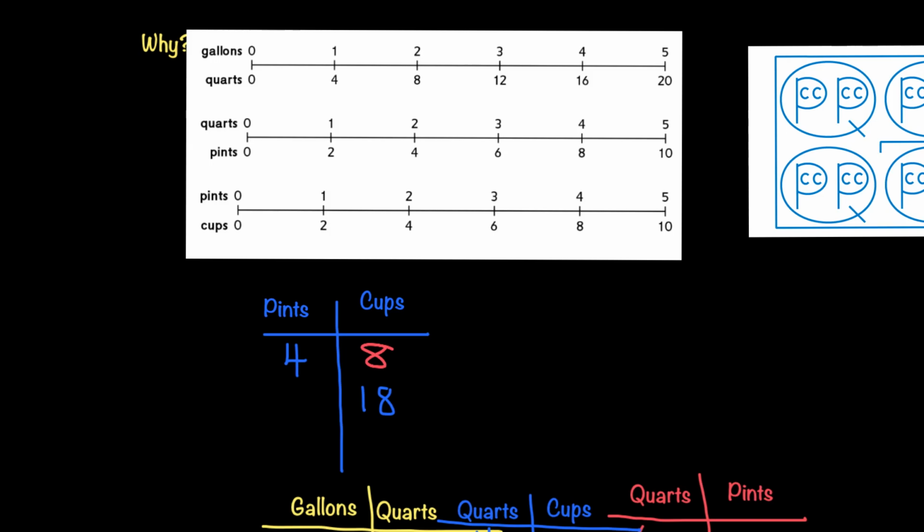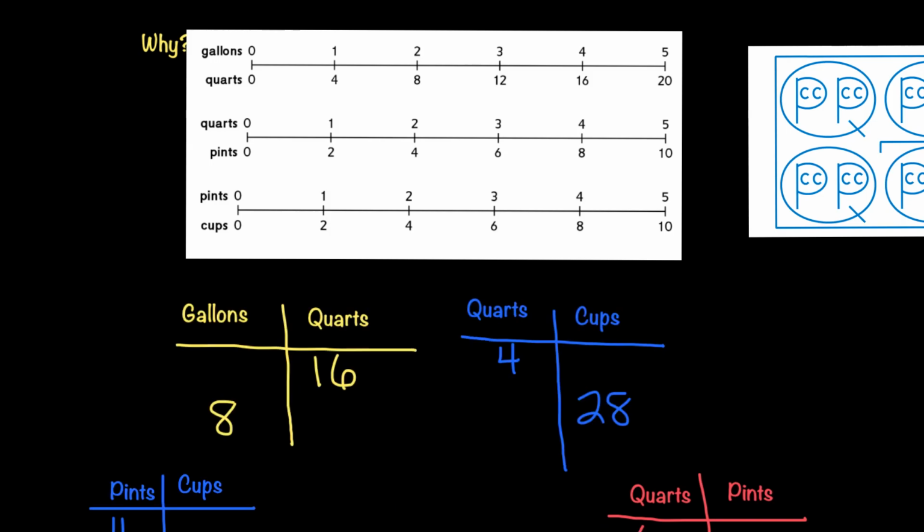How do I figure out how many pints that is? Well, I need to go back to the 1, right? 1 pint is 2 cups. So if I'm going backwards, that means I'm going to take 18 and divide it by 2, which is going to give me 9. So 9 pints is equal to 18 cups.